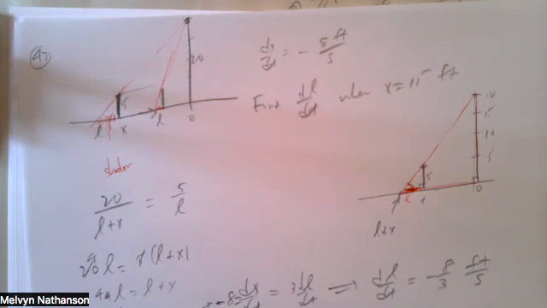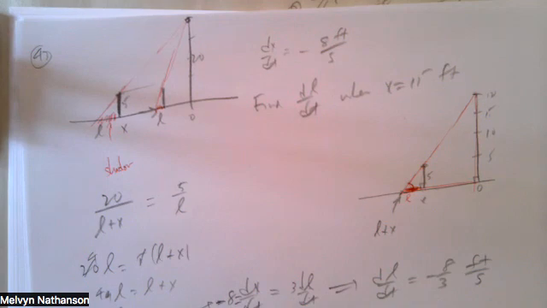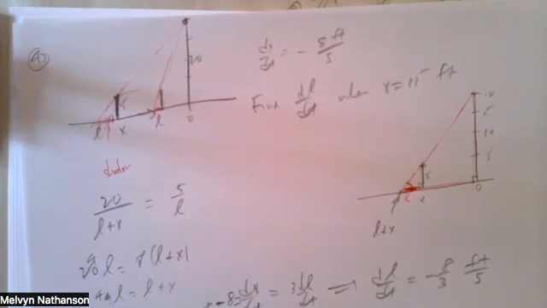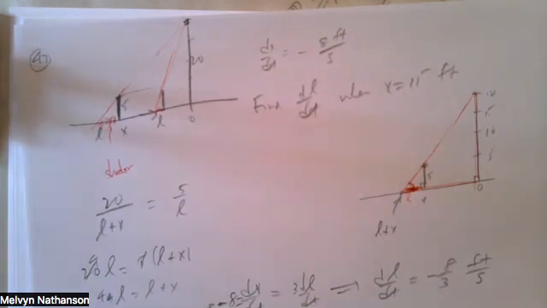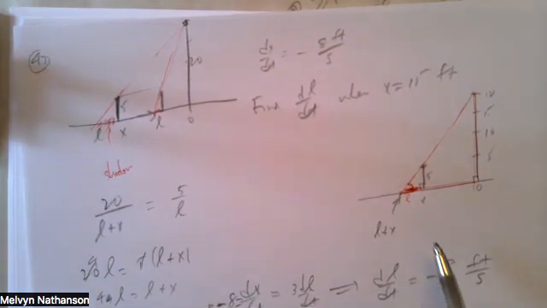She's walking at 8 feet per second. So this is -8/3 plus -8 feet per second. This is -24/3. 24 plus 8 is 32. So this is -32/3 feet per second. So the tip of the shadow is changing much faster than the length of the shadow.